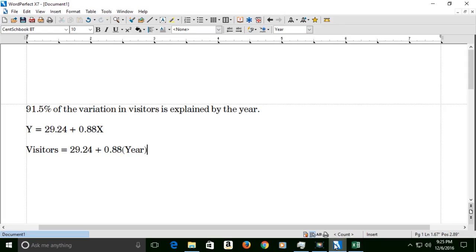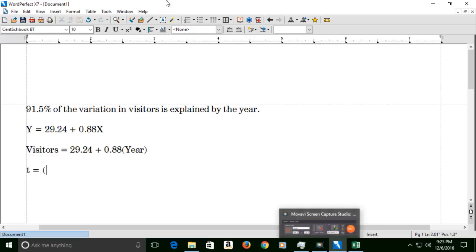How do we do that? We know that T equals X bar minus mu. Remember this?